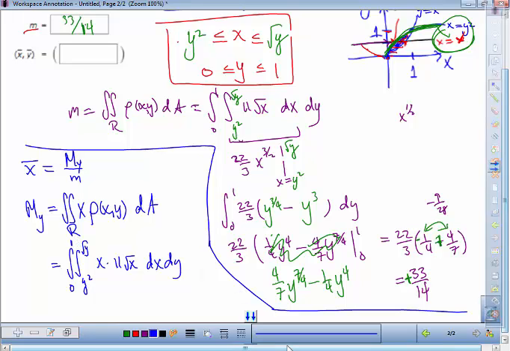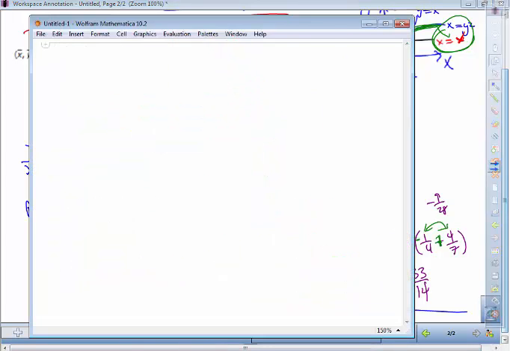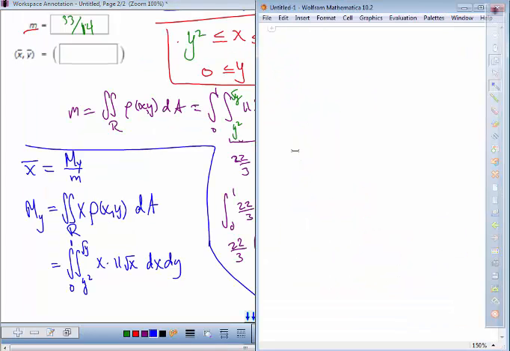So instead of me having to do all that, I'll have Mathematica do it. Right? Yep, that's right. Go from 0 to 1, and then another integral, this time going from y squared to square root of y.